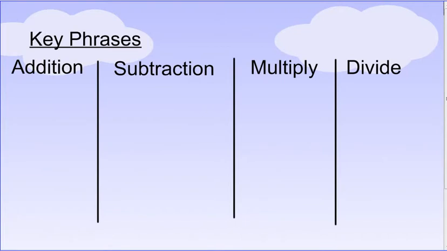Okay, so what we're going to do is just go through and kind of list out some of these key phrases that we have here. And I encourage you to actually pause the video right now, write out all the key phrases that you know of. It'll help refresh your memory a little bit. And then hit play on the video, and we'll go through it together, and then you can fill in any ones you missed and you might even have a couple extra. So go ahead, pause the video, do that now, and then hit play when you're ready.